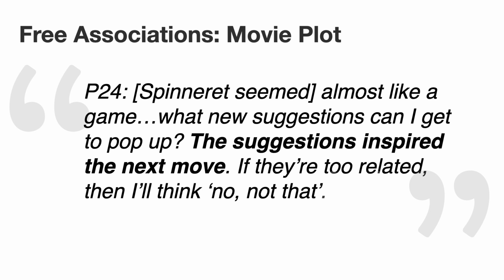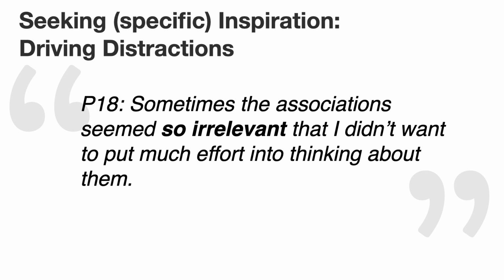This characterization of blue sky thinking was heavily present among participants who similarly used Spinneret for the unconstrained task. In contrast, those who used Spinneret for the constrained task found the suggestions irrelevant and ultimately dismissed them. Observations show that the participants faced multiple unsuccessful attempts to find a suggestion that was more relevant to their task, which is difficult to produce when the task is very specific.